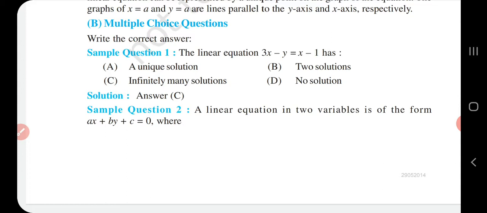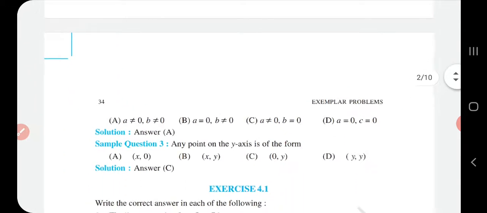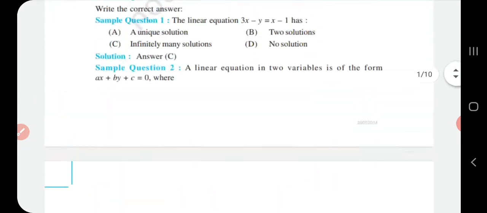There are two variables and it is a linear equation because the highest degree of the equation is 1. I told you if it is a linear equation in two variables, there are infinitely many solutions. So your answer C is the right answer. Understand?